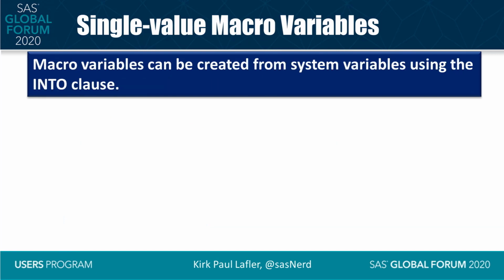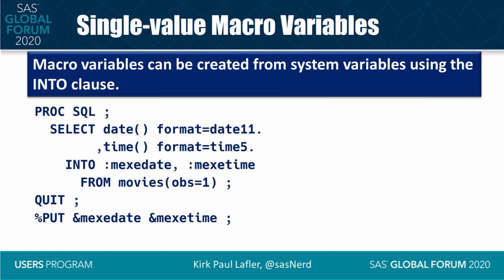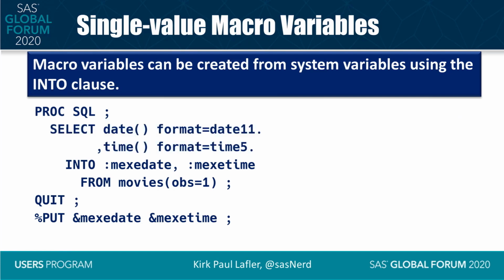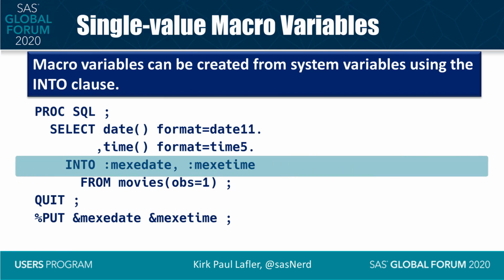Macro variables can be created from system variables using the into clause for reporting purposes and whatnot. So for example, if we wanted to select the system date and the system time and assign a format of date 11 and time 5 and store the results into two macro variables, the macro execution date and macro execution time, we can do this by just selecting one observation.